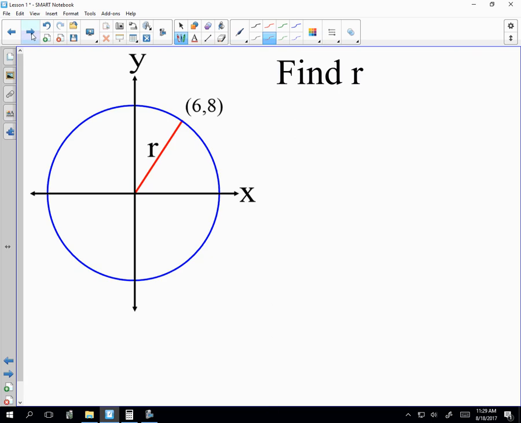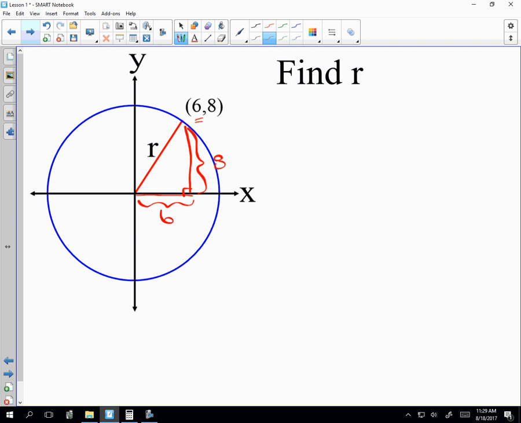So now, if we're thinking about a circle, trying to find the radius, what we always want to do in any situation is build the triangle. So we're building our right triangle by dropping down. The distance of this base leg is our distance on the x-axis, or the 6. The distance for the second leg is our vertical distance, or the y.